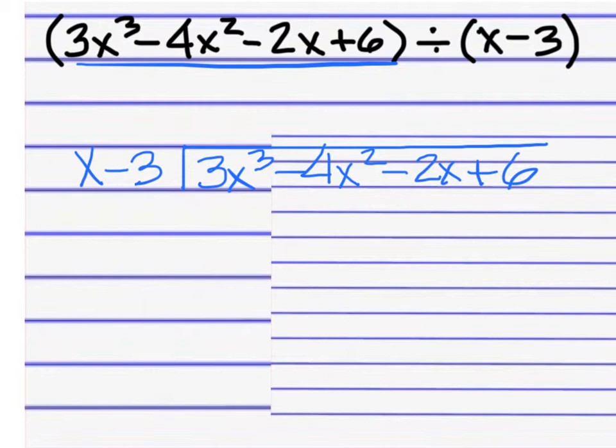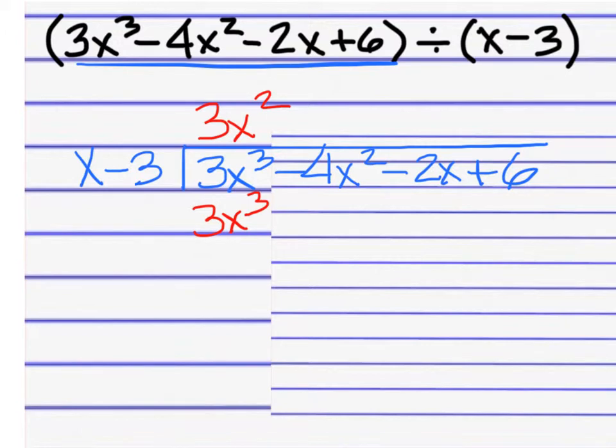And now you start by looking at the x and thinking, what do you have to multiply it by to get 3x to the third? In other words, 3x to the third divided by x is 3x squared. And you will multiply that 3x squared by each of these items here. 3x squared times x is 3x to the third.